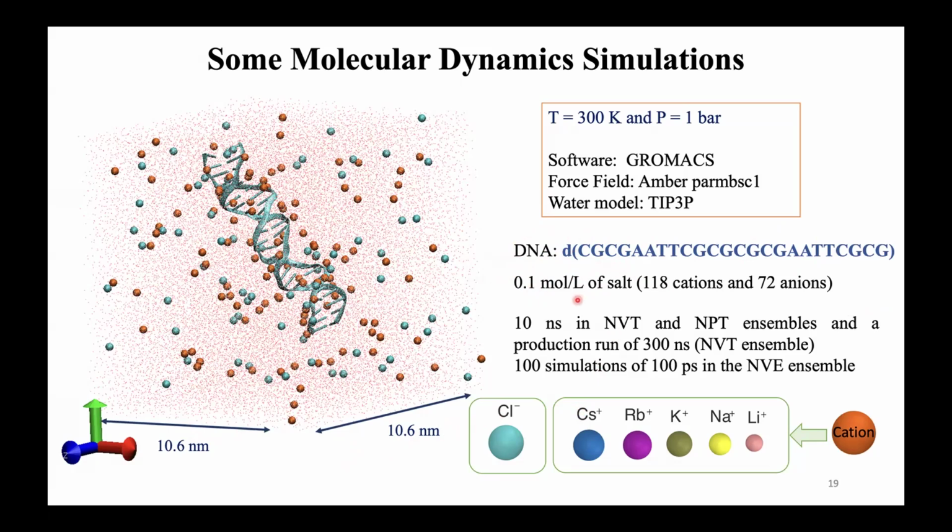Here we use five different alkali metal ions: lithium, sodium, potassium, rubidium, and cesium. For the simulation, we used the GROMACS package, and the water model was TIP3P. We used the AMBER force field PARMBSC1 for DNA, and the temperature in the system was kept at 300 kelvins and the pressure at 1 bar.